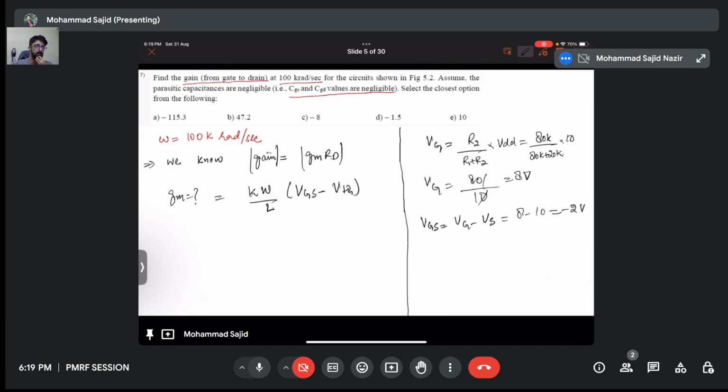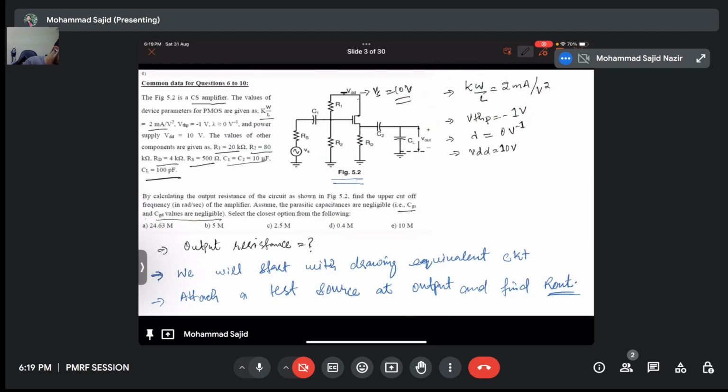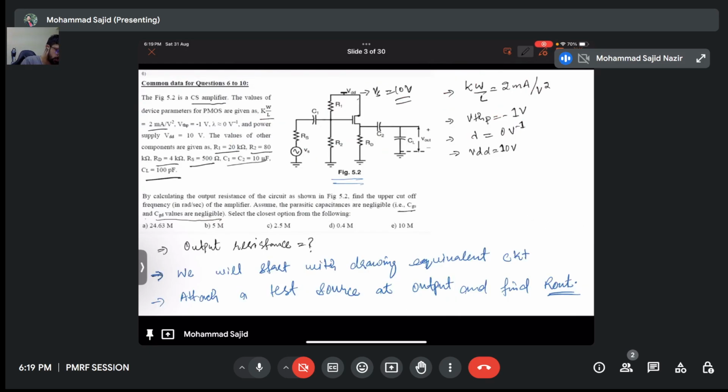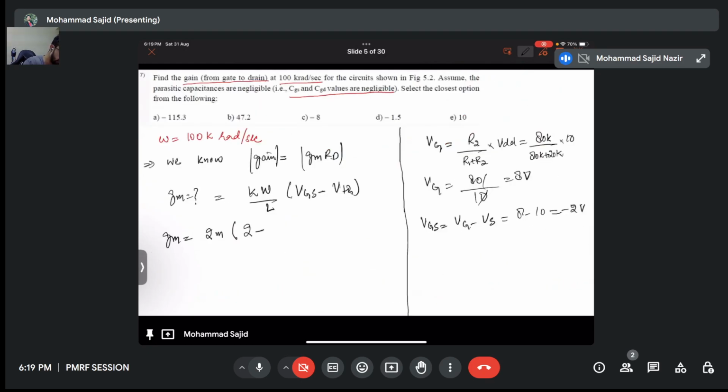So my gm is K W/L times 2 milli, and VSG for PMOS will be 2 minus VTH, that is minus 1, whose magnitude is 1. So gm is 2 millisiemens.